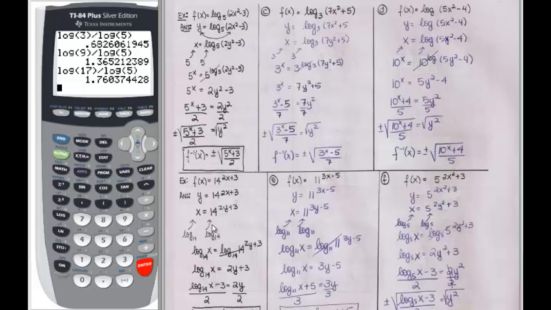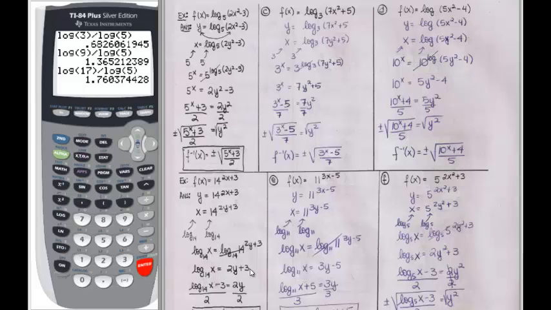Bring in the log on both sides of the same base. If this is base 14, we bring log of base 14 on both sides of the equation. So this would be log base 14 of 14 raised to the 2y plus 3. What happens here? The logs cancel. We're left with log base 14 of x equals 2y plus 3.